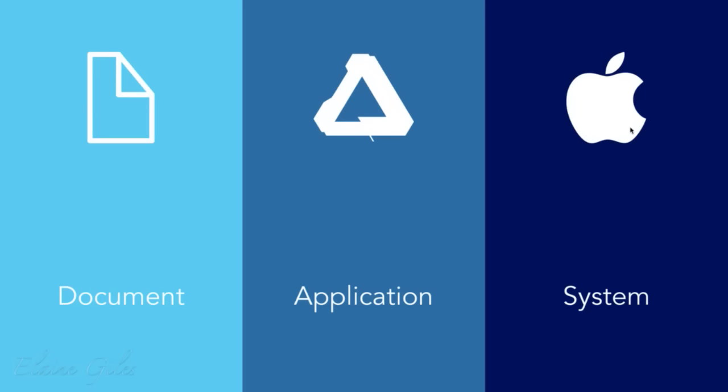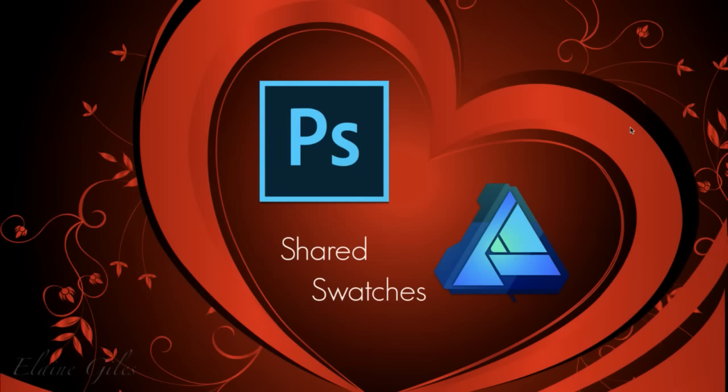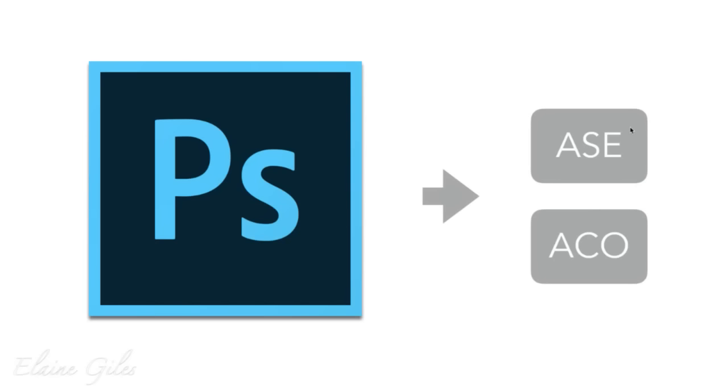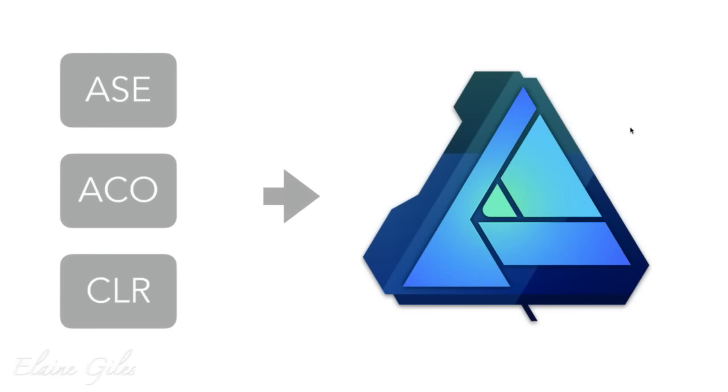Then there is the perennial problem of working with shared swatches, that you have got colours from Photoshop, you've got colours from Illustrator, you've got colours from all over the place, and you want to be able to use them in Affinity Designer. Now, Photoshop exports to one of two formats, ASE or ACO. And that means you could be faced with the problem of trying to get colours from ASEs, ACOs and CLRs into Affinity Designer.